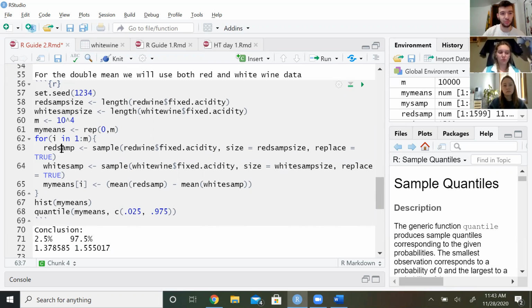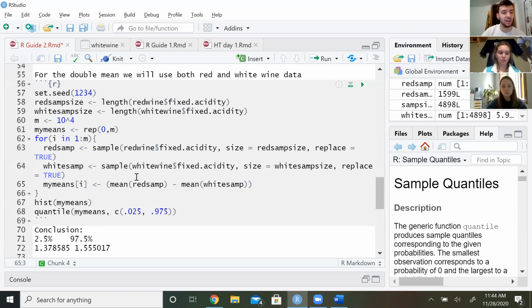And going into the for loop, this time we'll have two samples in there. It'll be red samp and white samp. Both will sample from their respective fixed acidities. It'll take the same number, red samp size, white samp size, as well as the replacement in there.